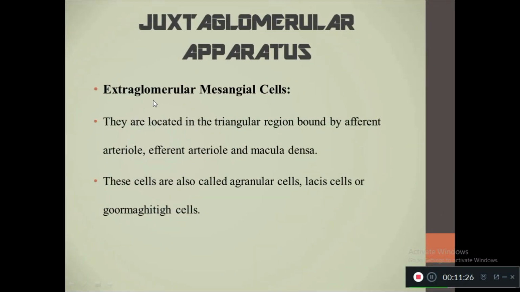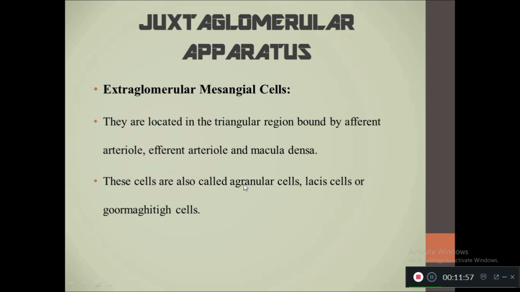What are extraglomerular mesangial cells? They are located in the triangular region bound by the afferent arteriole, efferent arteriole, and macula densa. Extra means outside. So the extraglomerular mesangial cells are located in the triangular region, bounded by three structures: afferent arteriole, efferent arteriole, and macula densa.